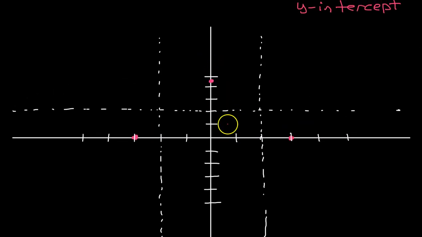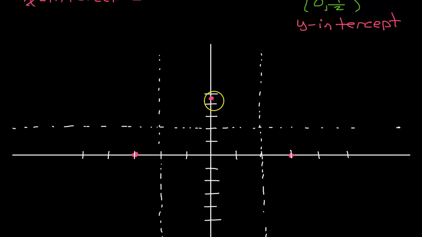We know that the y-intercept is also a relative min, and we know that the function is concave up in this interval. So we're talking about a function that looks like this in this interval.